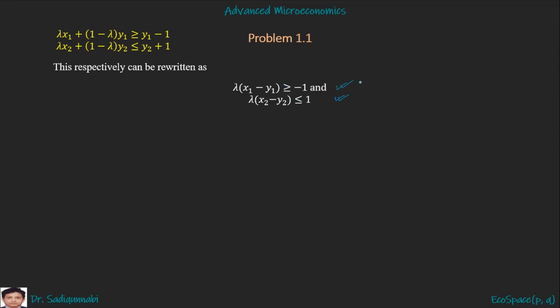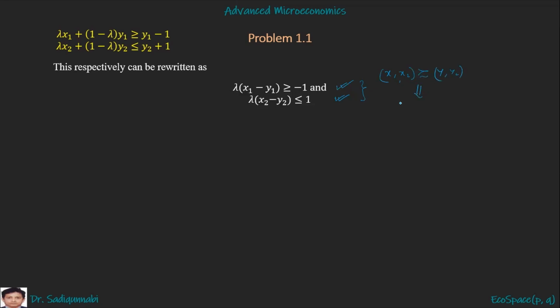So if this is true, it is similar to the original bundle condition for the bundle x1, x2 weakly preferred to y1, y2.